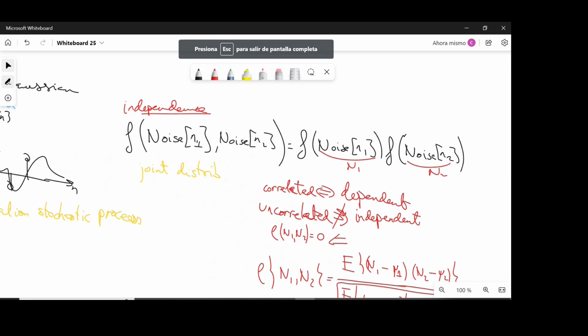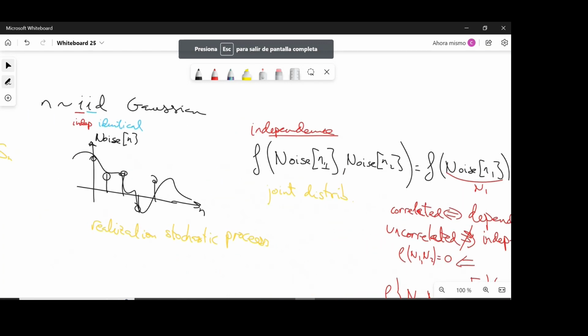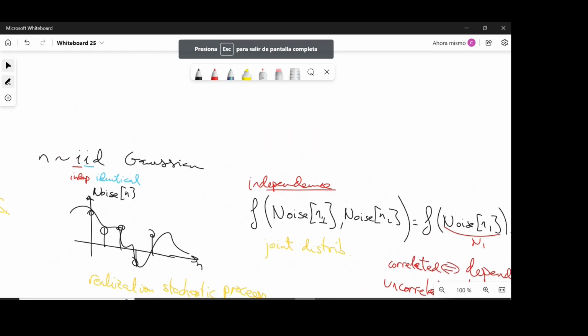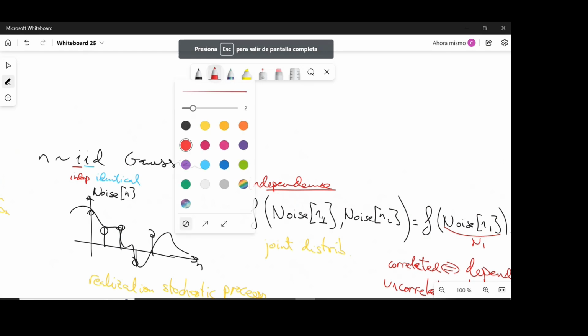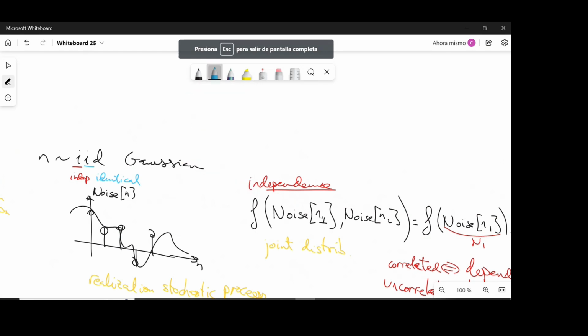What about the other letter? There were a couple of letters there. One was independent, the other one was identical. Identical refers to what is the distribution of a single one of those variables. This is the distribution of noise n1.